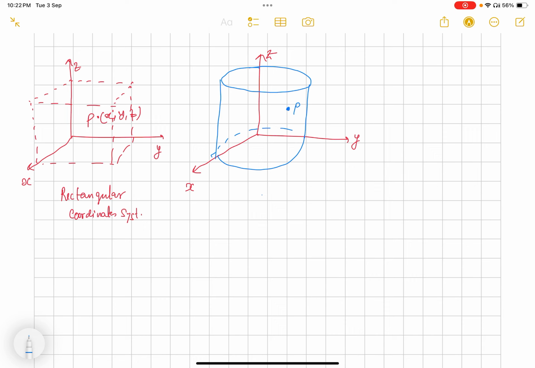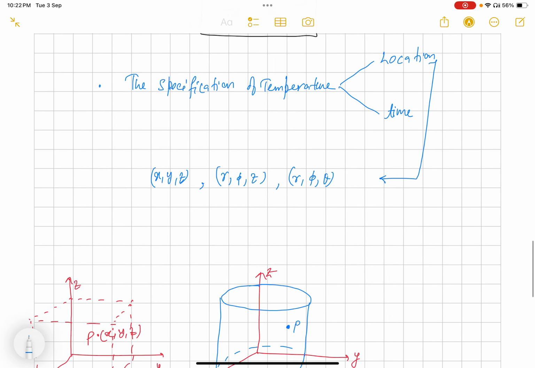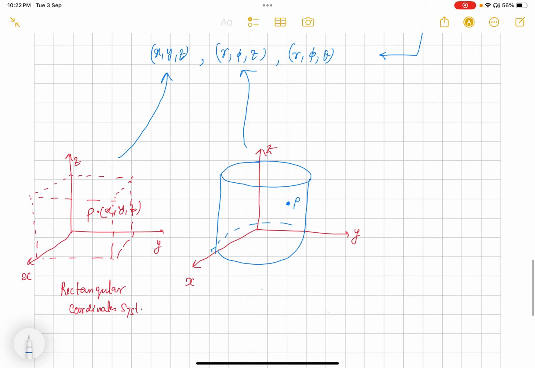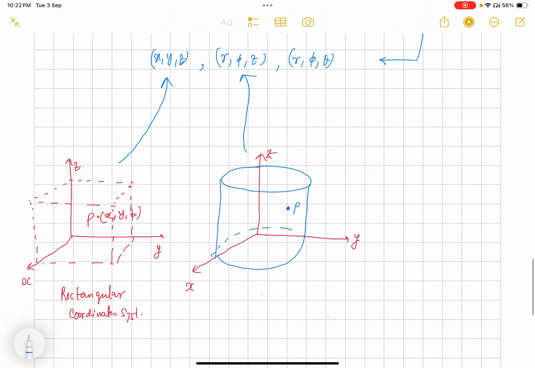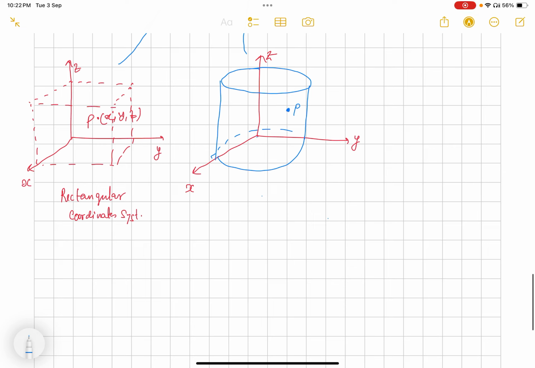So this is the point. Mainly we have three things: r, phi, and z. z is the vertical coordinate, along the axis of the cylinder, and r is along the radial direction, and phi is the angle between the x-axis and r.